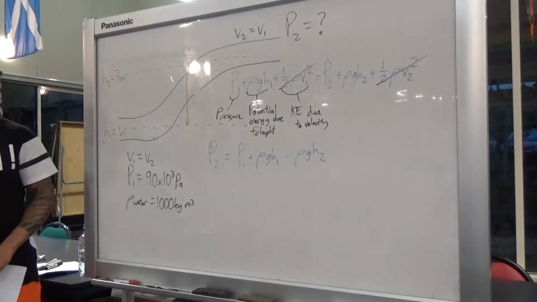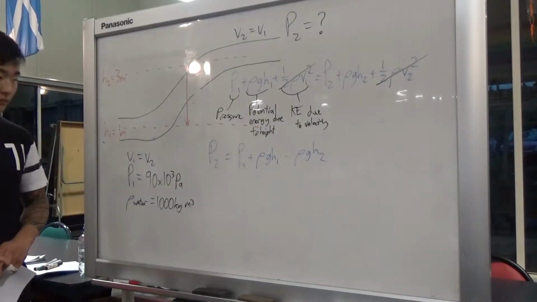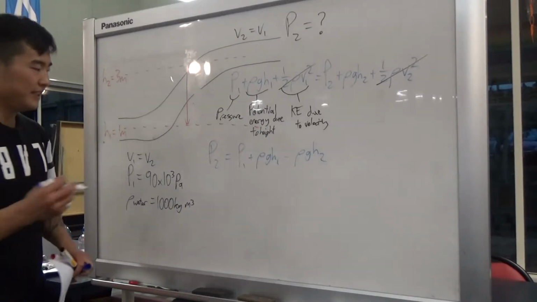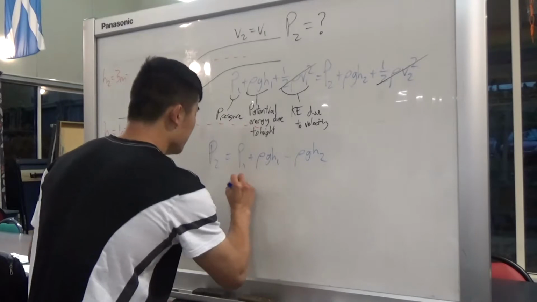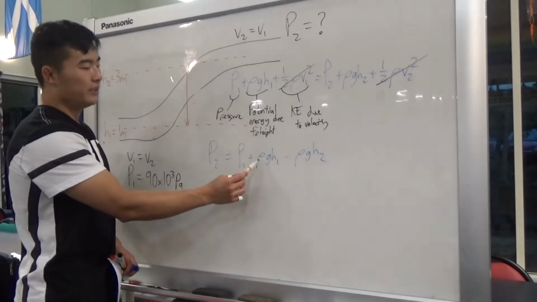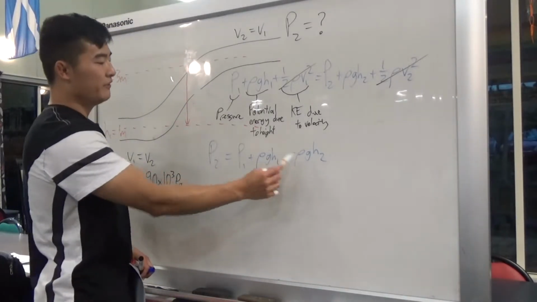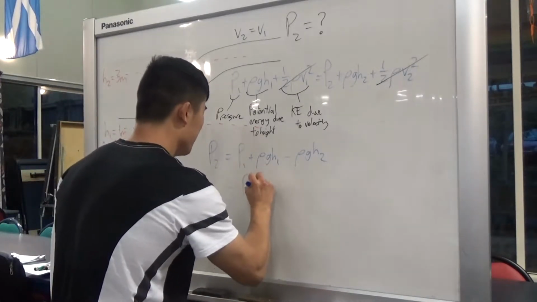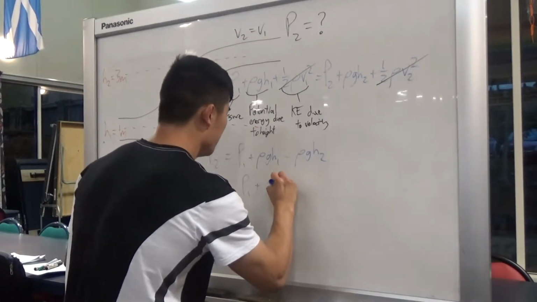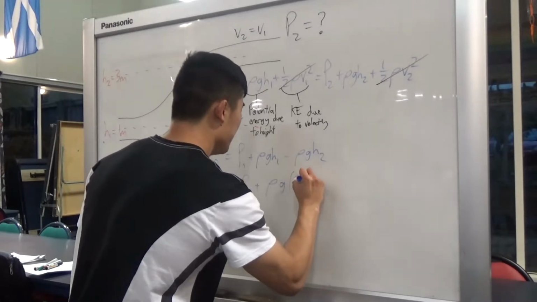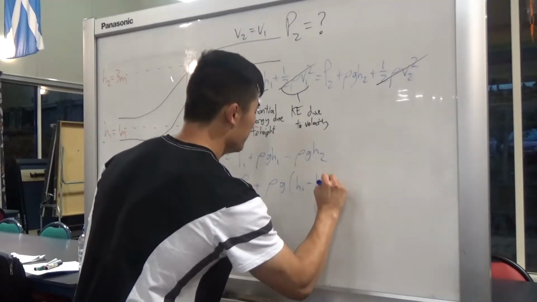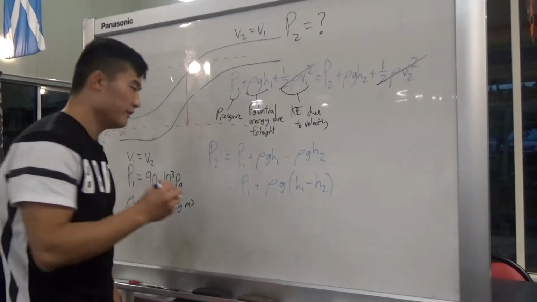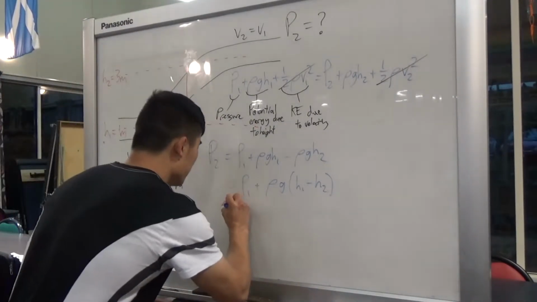Okay. You could decide to factorize it here. Rho and G are common factors in both of these, so you could say P1 plus rho G times H1 minus H2. You don't have to do that, but it could be convenient if you want to.